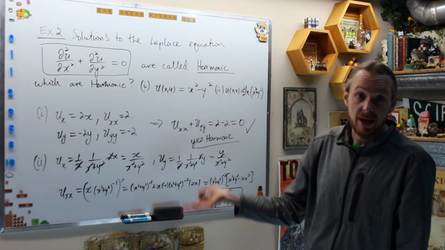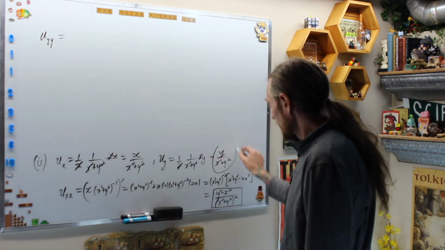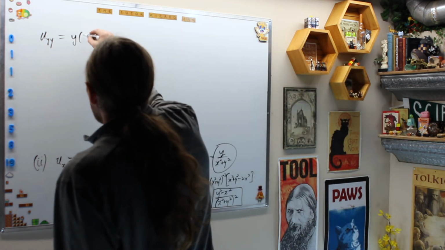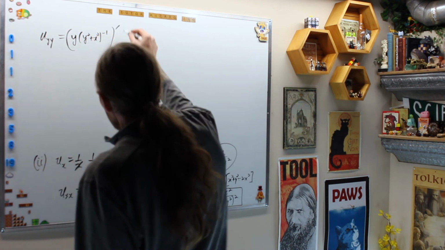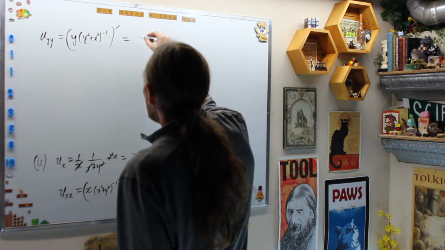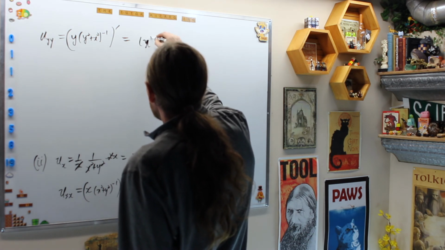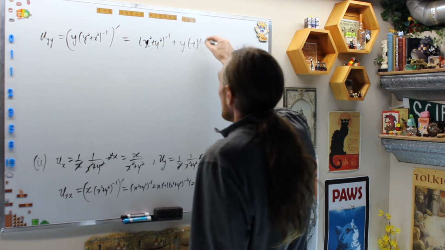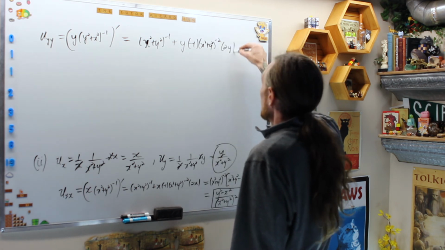Let's move everything to the top and see what happens to this. Uyy is equal to, what are we going to get? Now we're going to take the derivative of this thing with respect to y. This is x squared plus y squared to the minus 1 with respect to y, which is going to give x squared plus y squared to the minus 1 plus y times negative 1 times x squared plus y squared to the negative 2 times 2y.